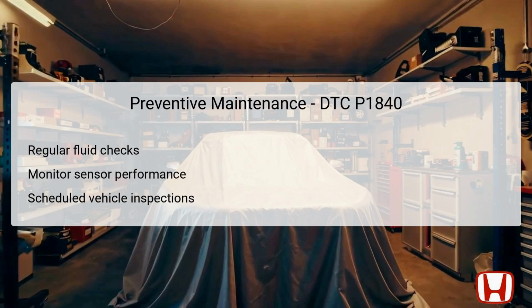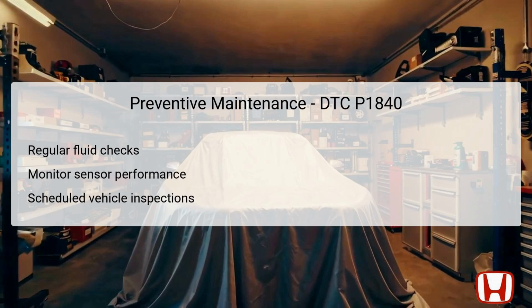Preventive maintenance plays a crucial role in mitigating issues associated with DTC P1840. Regular checks on the transmission fluid levels and condition help ensure that the CVT operates effectively. Additionally, keeping an eye on the performance of the CVT speed sensor through diagnostic checks can preempt failures that trigger this DTC.